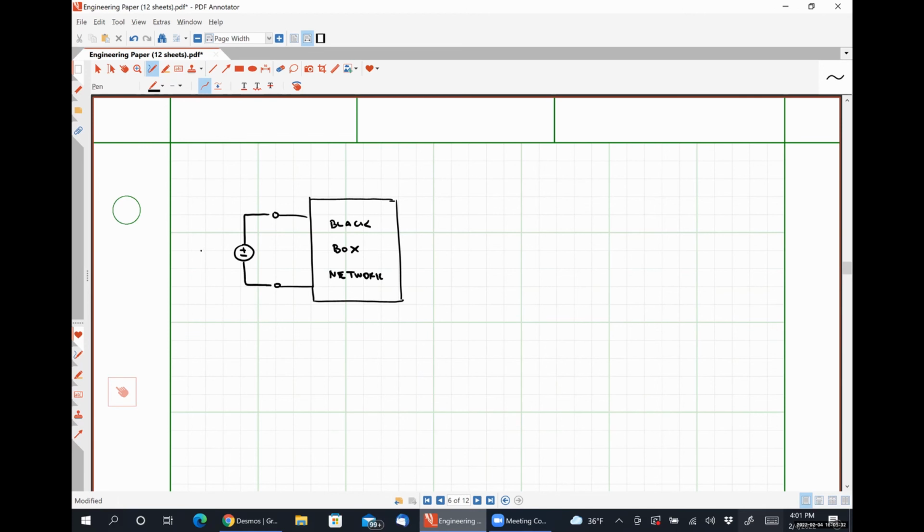a signal, which I'm going to call x1 of t, where x1 of t is a voltage, Vm cosine omega t plus theta v volts, and I measure a response that I'm going to call an output y1 of t.